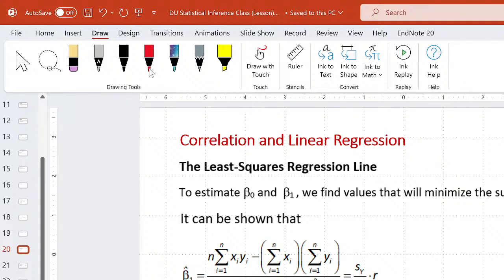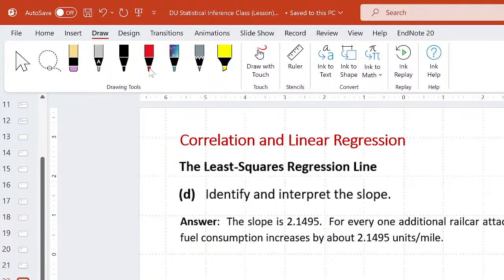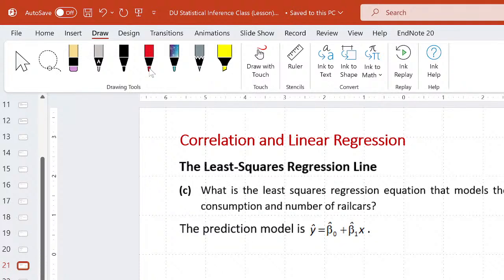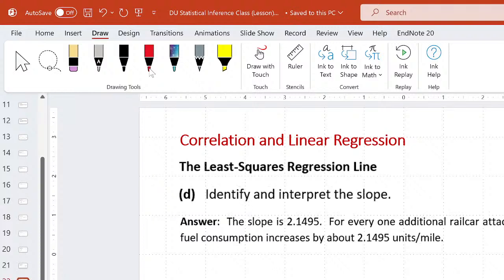All I did was take the ratio of the standard deviations and multiply it by the correlation. Find the intercept. Get the average of the y's. Subtract the product of the estimate of the slope and the average of the x's. Yep. That is our model.